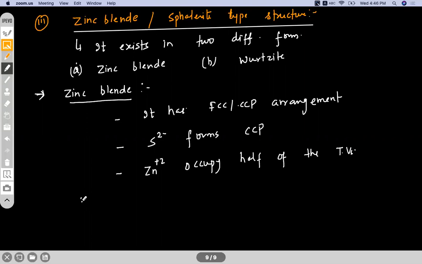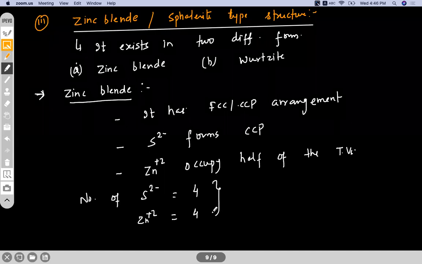The number of sulfide ions, if you calculate, is 4 because it is CCP. For Zn2+, half of the tetrahedral voids, there are 8 tetrahedral voids, 2n, last class we discussed. Since it occupies half, this is also 4, and hence the formula is ZnS.